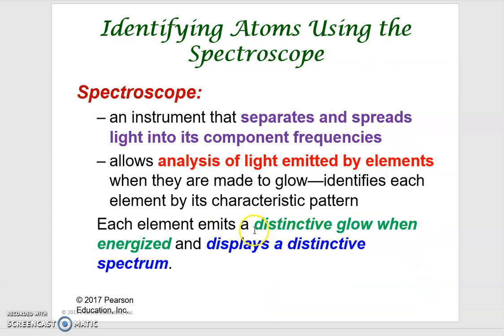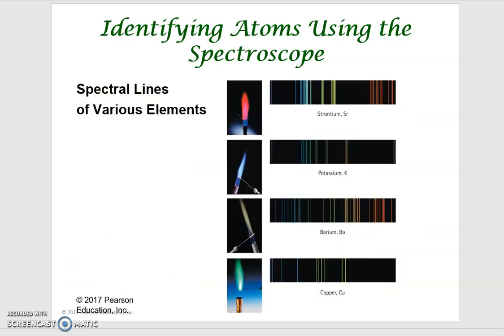This is also the reason why I say it is a distinctive glow. It is because the spectrum is discrete. It is not continuous. This is a very important thing. Now, if you put the spectroscope in front of the light source, no matter which kind of element, what you are going to see is that the light consists of a number of discrete frequencies rather than a continuous spectrum, as I just mentioned.